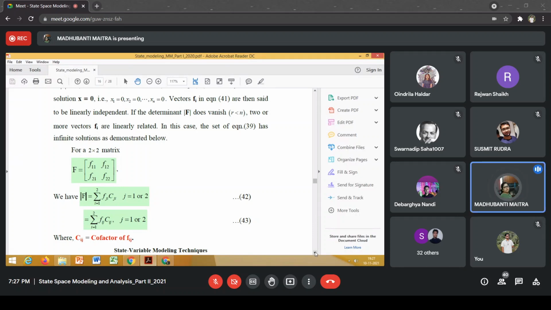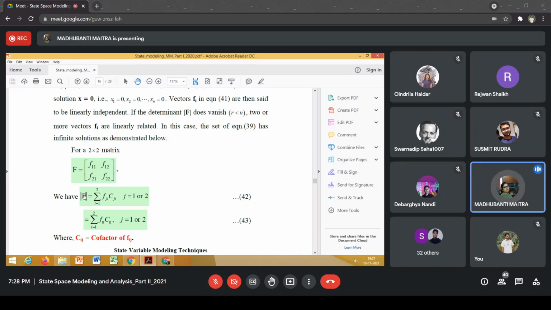So, now to proceed further, first let us consider a 2 by 2 matrix, the simplest case. So F is a matrix having a dimension 2 by 2 and the elements are F11, F12, F21, F22 as shown, right?